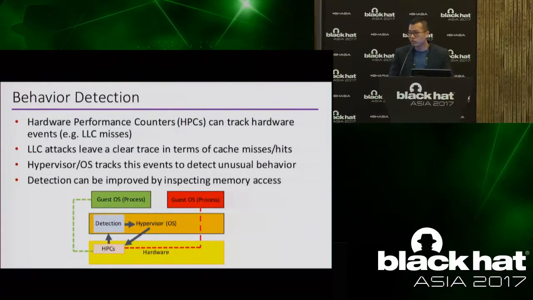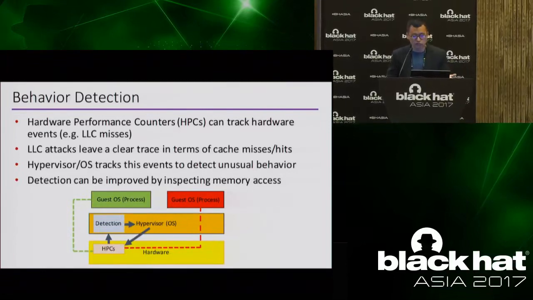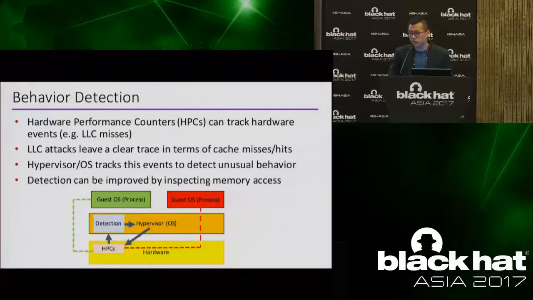But of course, people may say this heuristic is too simple. Maybe there's some legitimate program or some legitimate system that has this kind of behavior at some special time. So you can actually improve this by designing a second level detector.